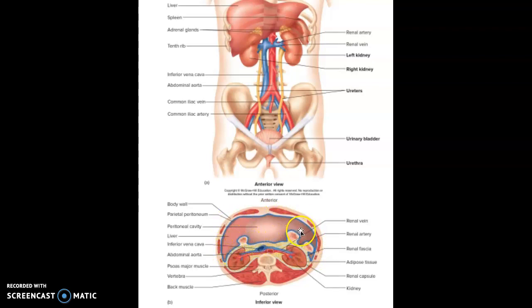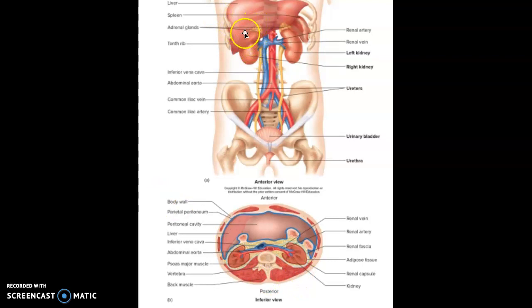They are located behind that, so they are retroperitoneal organs. They are lying outside and behind the peritoneum. They are protected anteriorly by the internal organs and posteriorly by the back musculature and the ribs.